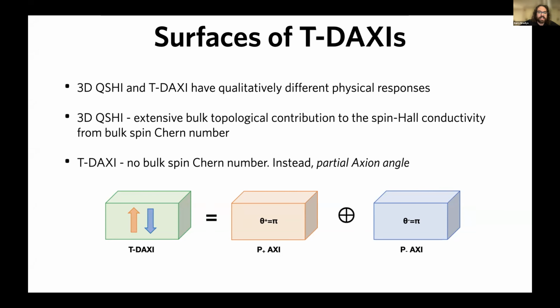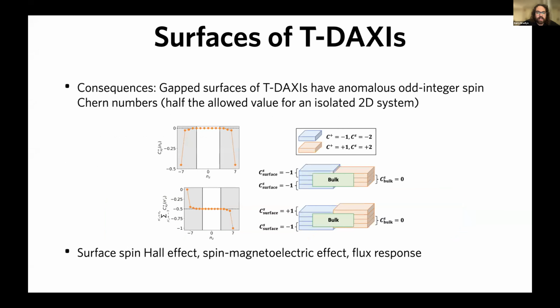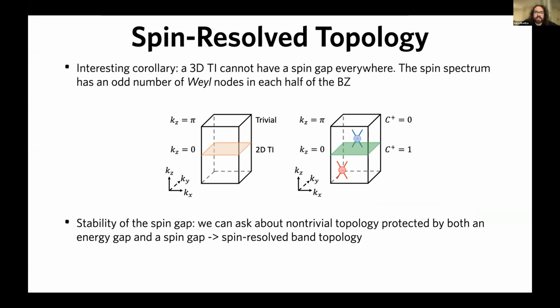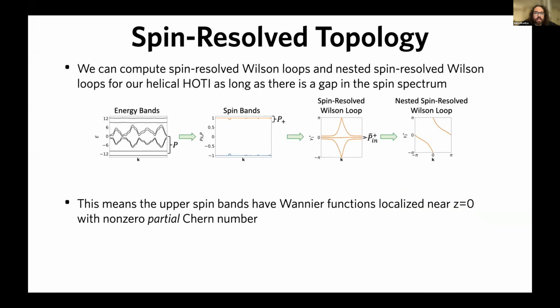What it really is: you take the occupied bands, you separate them, you look at the spin spectrum, and you construct the projector P plus just onto the upper spin bands.